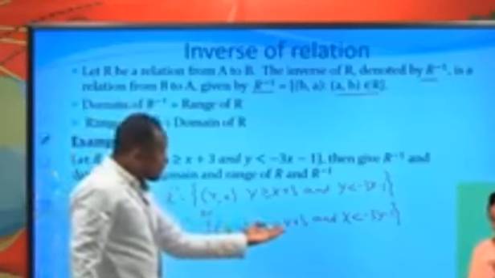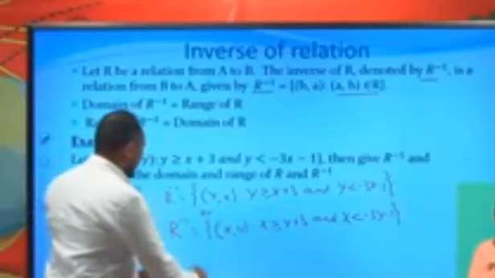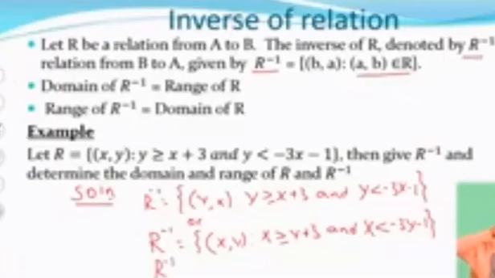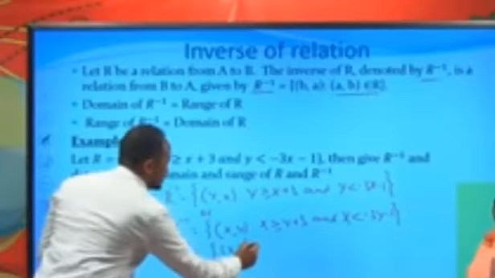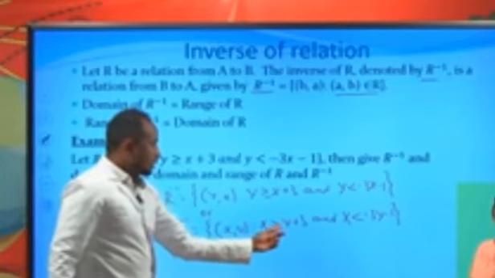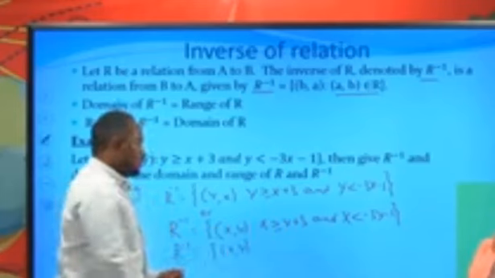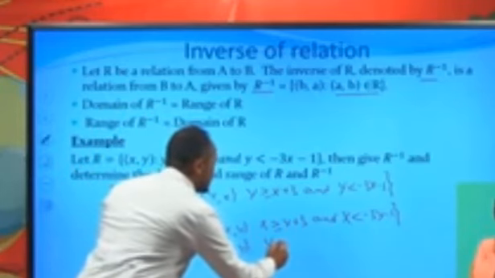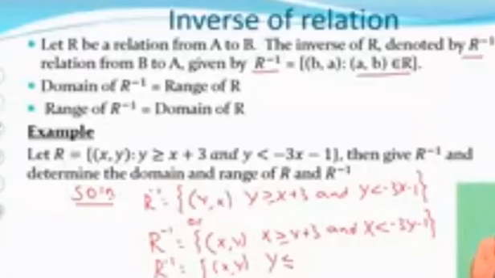We can also rewrite this in another form. R inverse will be the ordered pair (x, y) such that you solve for y here. y is less than or equal to x minus 3. When you solve for y, take 3 to this side, you will have x minus 3.